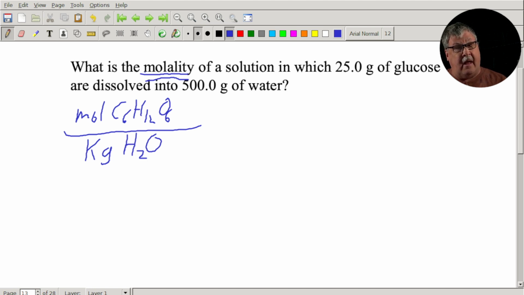So it's not the total volume of the solution anymore, it's the mass of the solvent. And again, the only time you see that is when you're looking at molality, as you are here. And again, the only time molality is going to have any relevance as far as this course is concerned is in this chapter. So, how am I going to figure out moles of glucose?